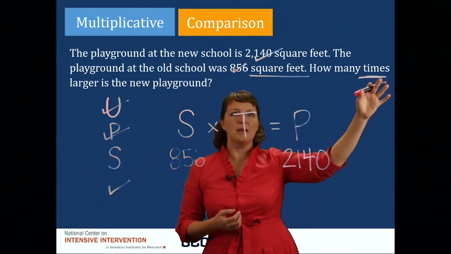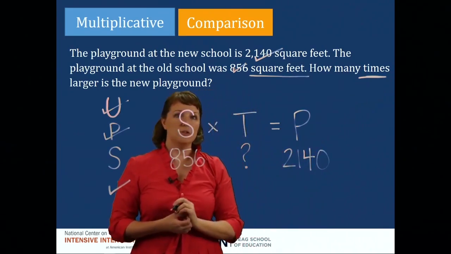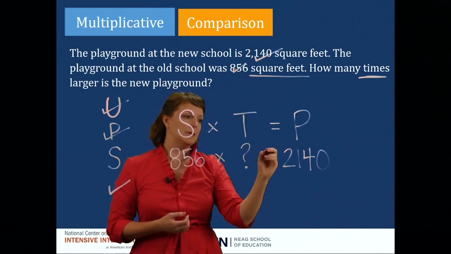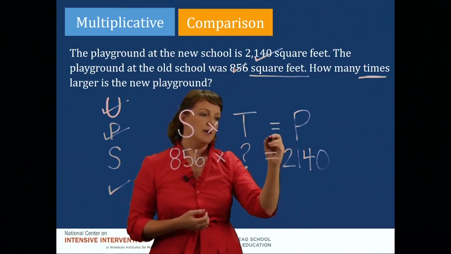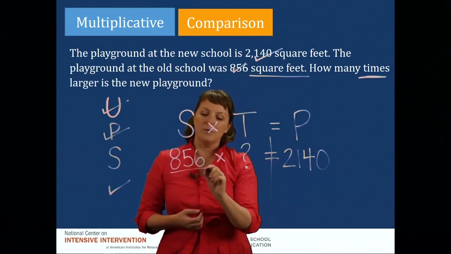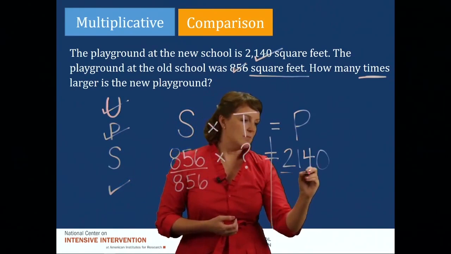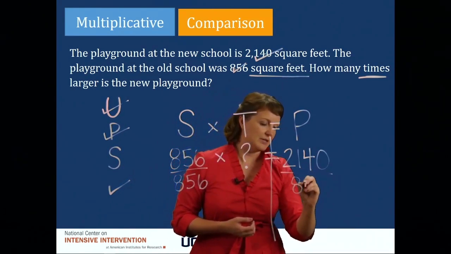And remember, my question asks me how many times larger is the new playground. I'm going to put in my multiplication sign and my equal sign. I'm going to draw a line down here to balance both sides of the equation. I'm going to divide 856 from both sides. And because I'm super smart, I'm not even going to do the math.